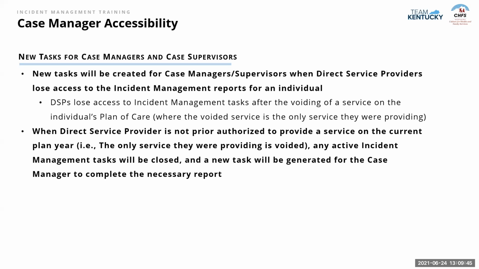This is going to be in a very specific case where a direct service provider has an incident report in progress, and then they lose access to that individual and therefore the incident management tasks because of a voided service. This would be a case where that voided service is the only service they were providing, and therefore they've now lost access to that individual.